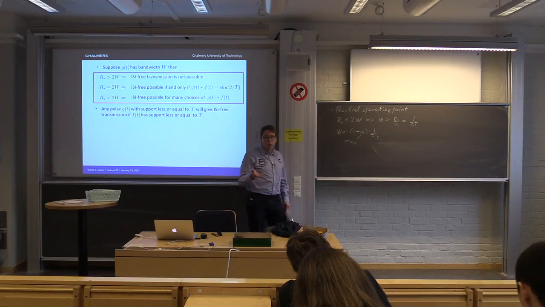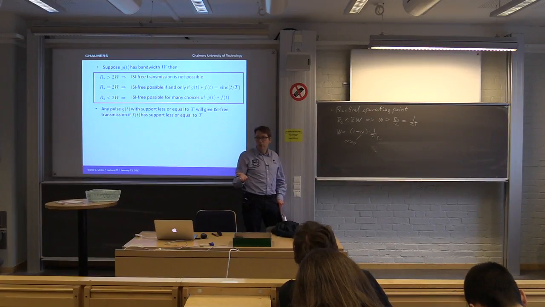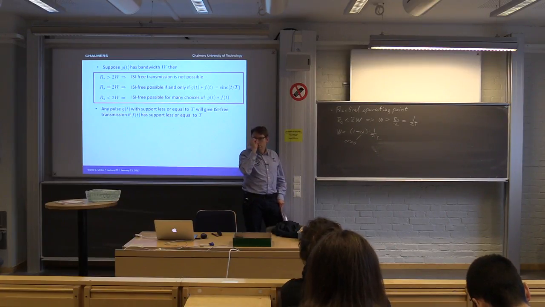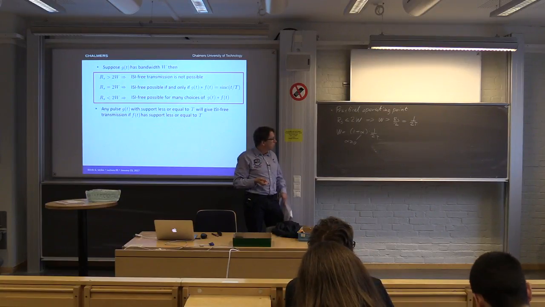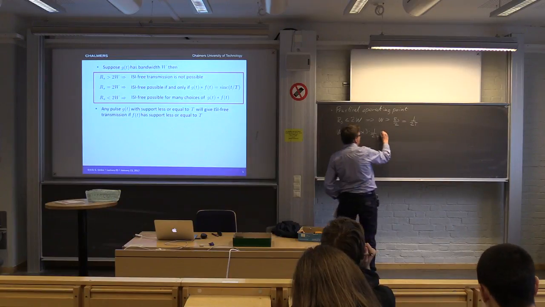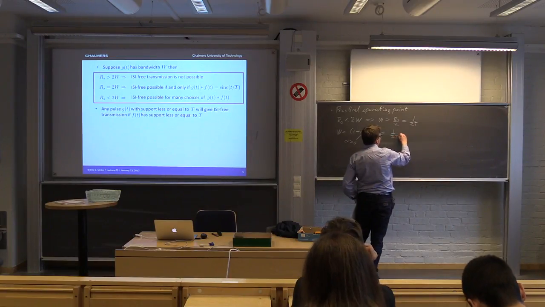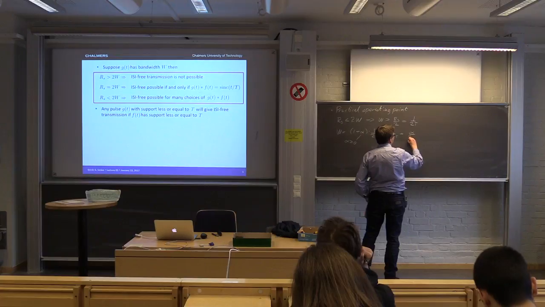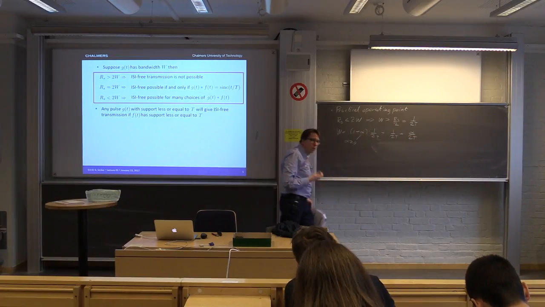We can always find an alpha to fulfill this equation. And we can write this as 1 over 2T plus alpha over 2T.